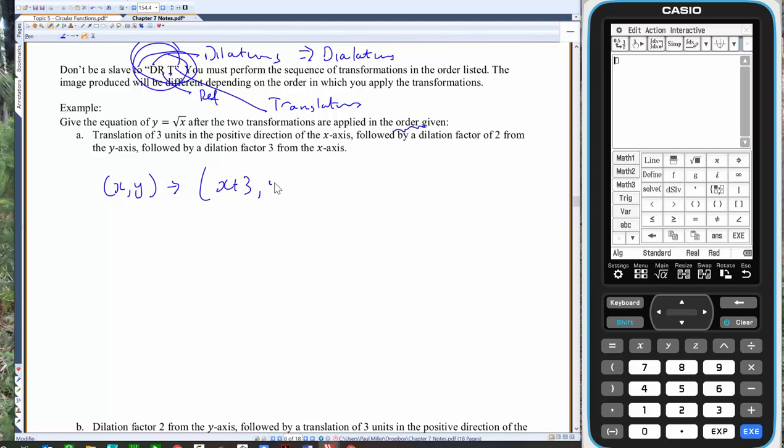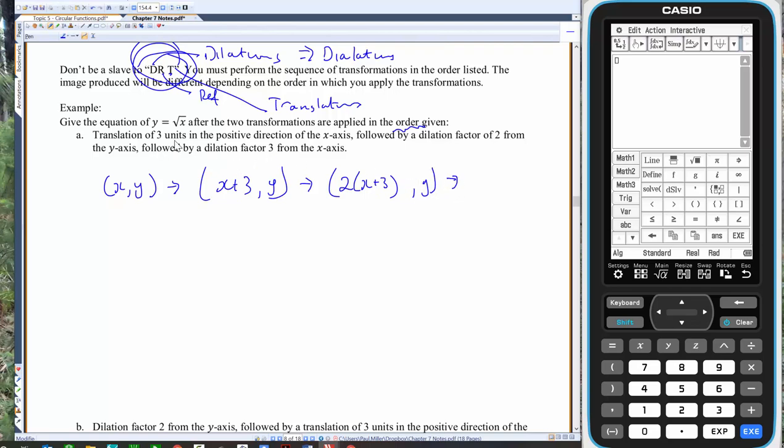We recall that adds 3 units to all x values, and the y value stays the same. Followed by dilation factor 2 from the y-axis. Dilations from the y-axis change the x value, so we're going to go 2 brackets x plus 3. So this basically translates first and then dilates the result. That's what's going to happen in terms of my order of operations.